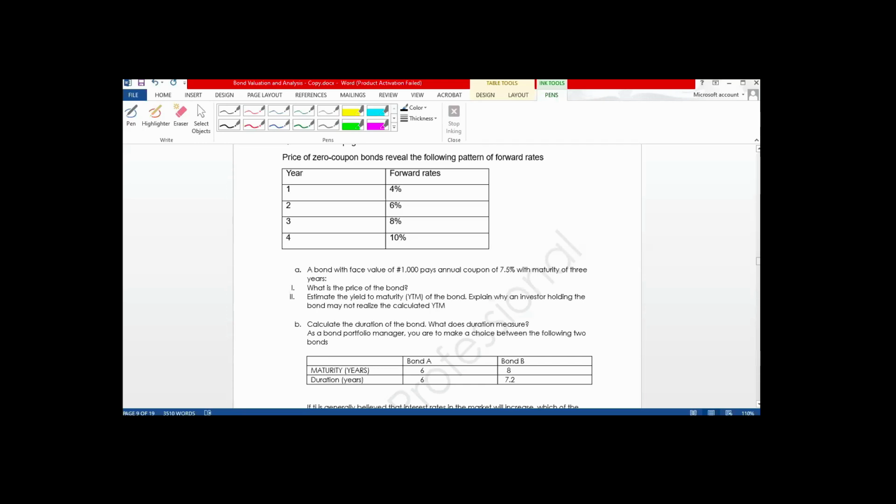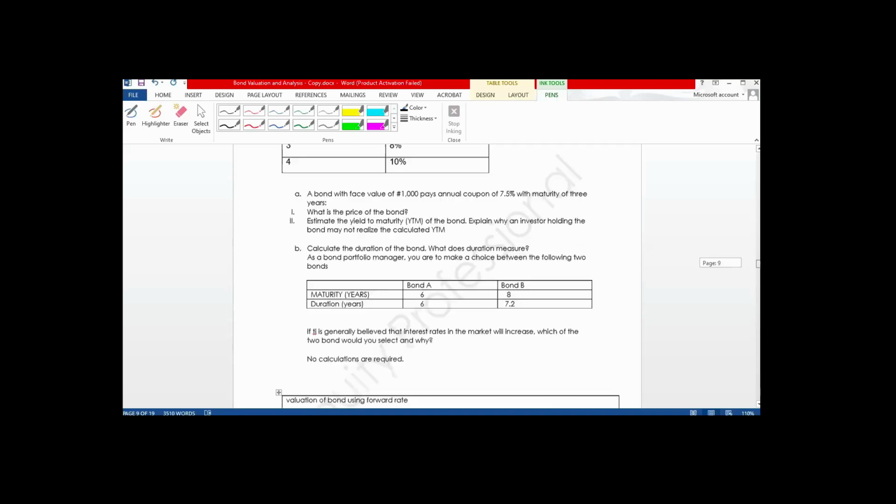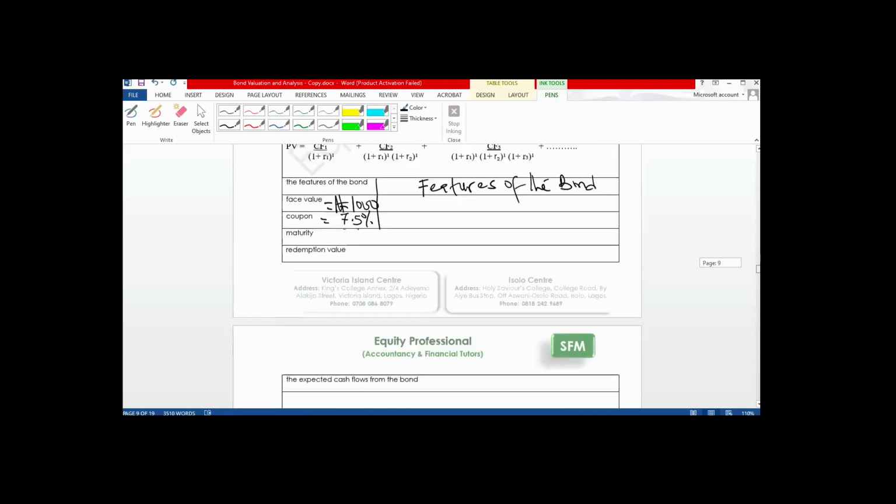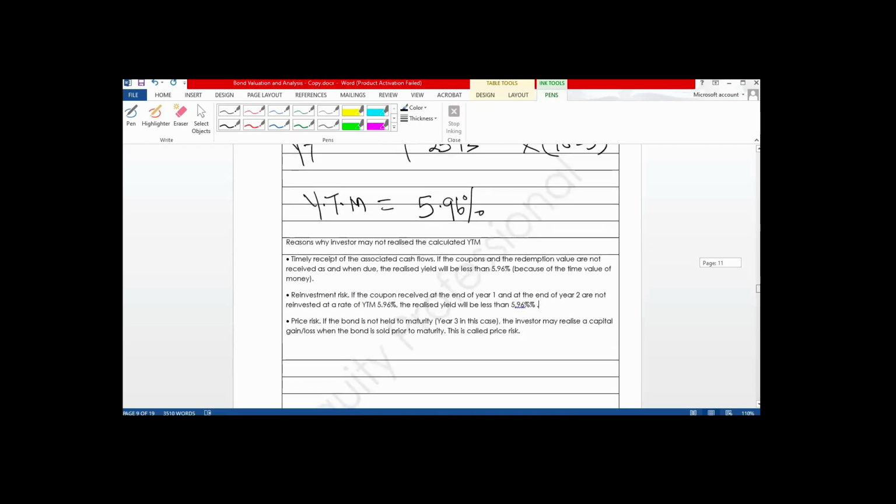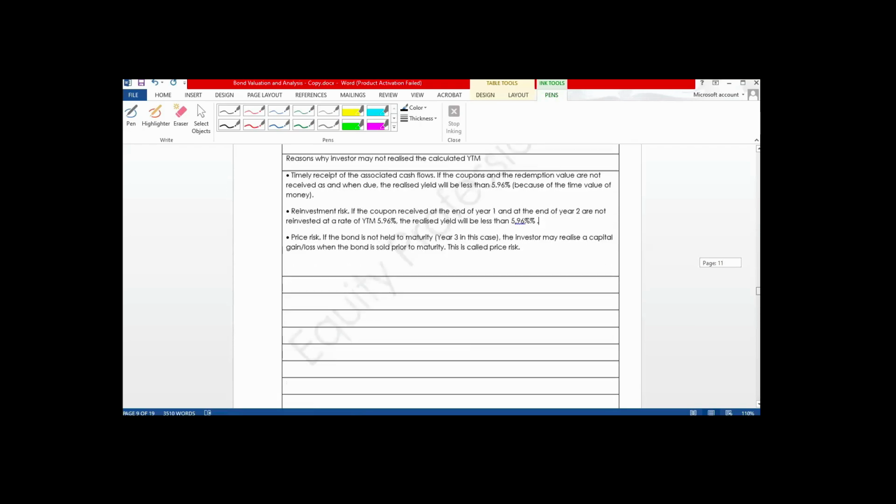We have calculated the YTM of the bond, so let's go to step 2. We can now come here.